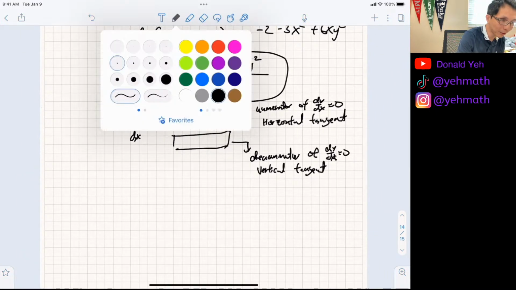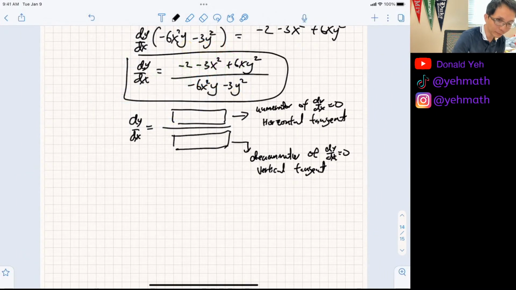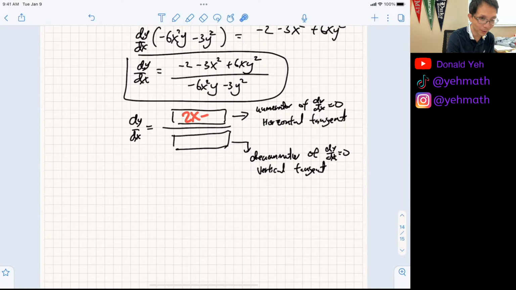I'm going to show you how to do trick one. Extend the last part. The last part. So the dy dx is the derivative. Now, if the denominator of the derivative is equal to 0, think about it. If you have, let's say, 2x plus 1 on top and 3x minus 2 on the bottom, then x equal to 2 over 3 is going to be my possible vertical tangent, because if x is 2 over 3, then the bottom is equal to 0.